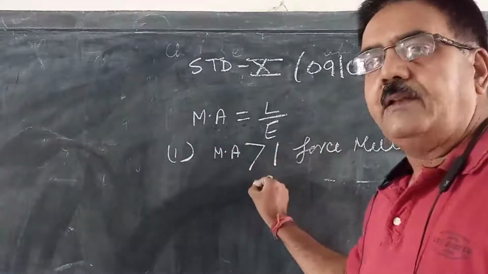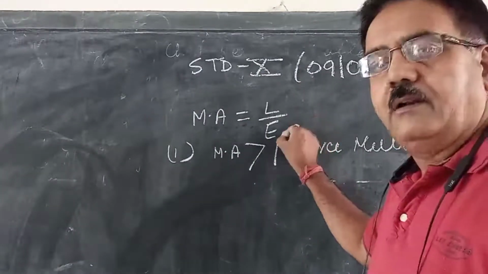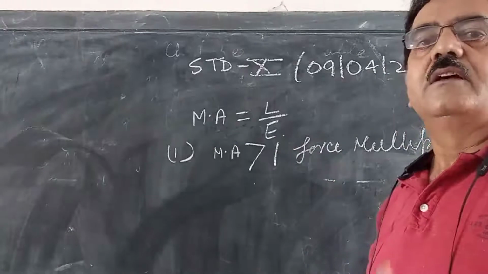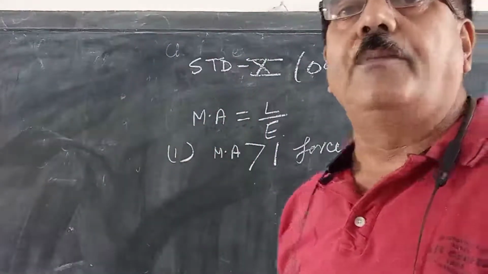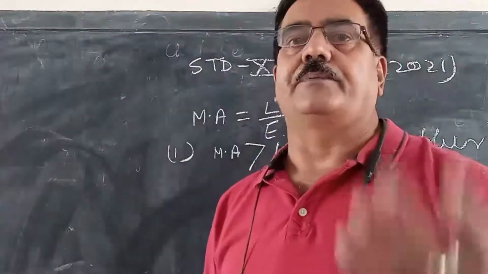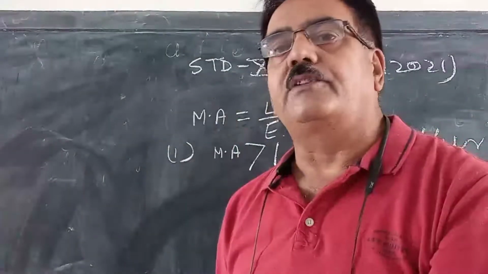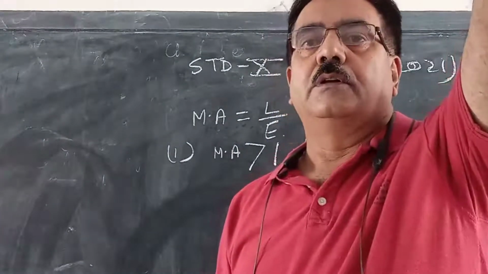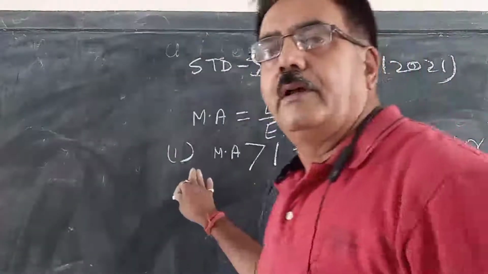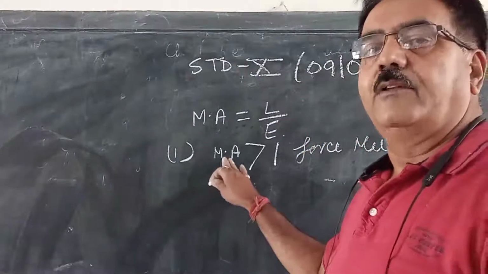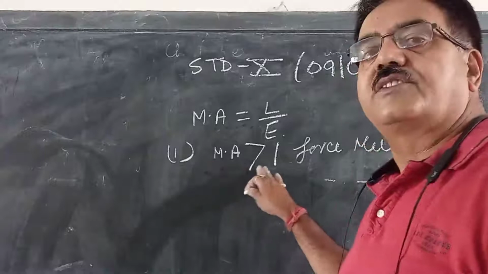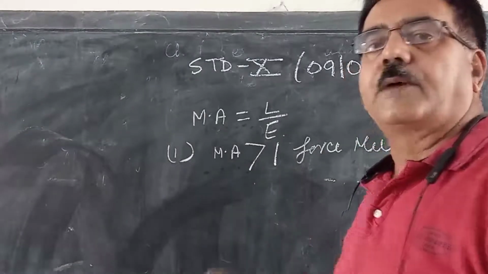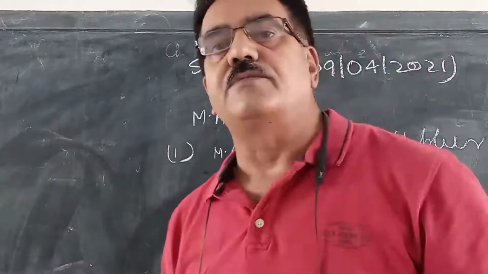So when does it happen? When we apply an effort less than the load. Suppose the load is 50 kg and we are applying an effort of only 30 kg. So applying an effort of 30 kg, we are able to lift 50 kg of load. This type of example, in which mechanical advantage is greater than 1, is known as a force multiplier machine.